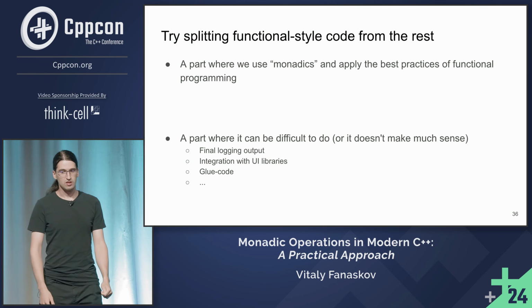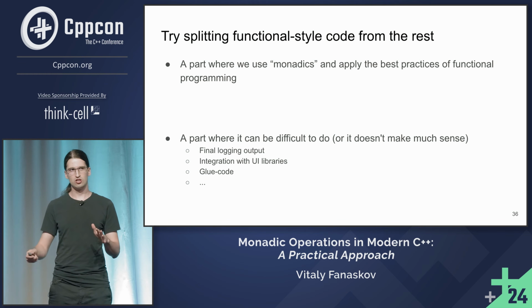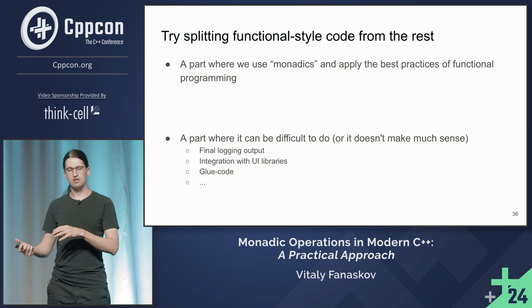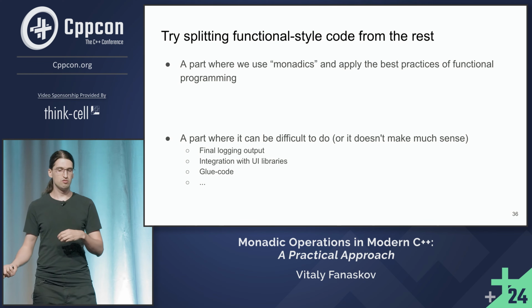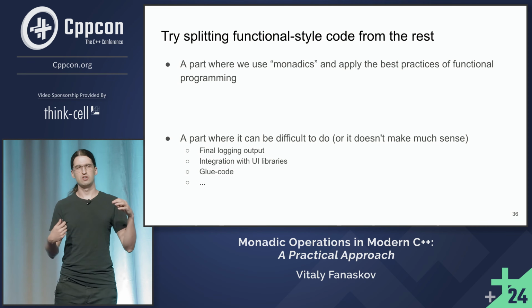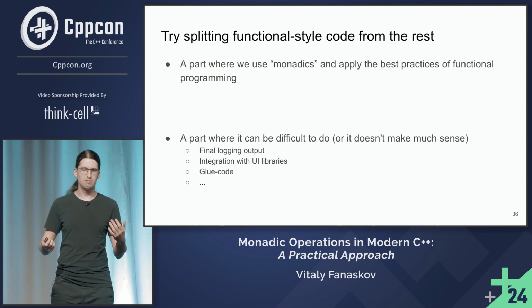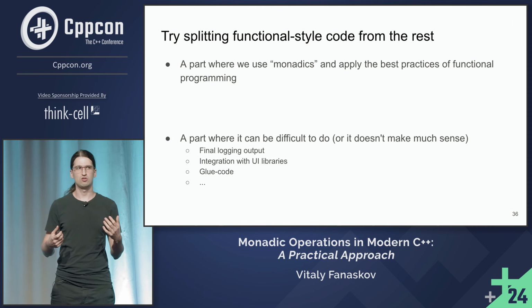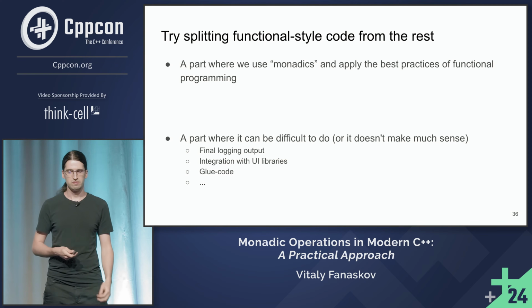What we can do, though, is try splitting the functional code, or code with monadic or similar operations, from the other parts of your app. Those parts can probably have some logging, output, some UI interaction, some integration with other libraries and whatnot, parts where it perhaps doesn't make much sense to make them functional, because it would be too much effort, or your technology doesn't support it, or it just doesn't make sense at all.